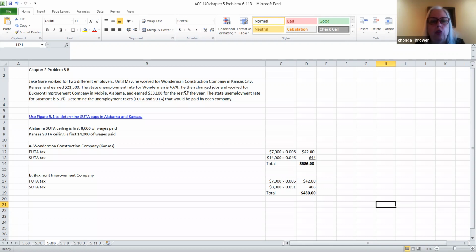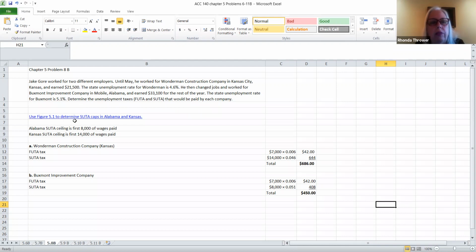He then changed jobs and worked for Bucksmont Improvement Company in Mobile, Alabama, and he earned $33,100 for the rest of the year. The state unemployment rate for Bucksmont is 5.1%. Determine the unemployment taxes for both FUTA and SUTA that would be paid by each company.